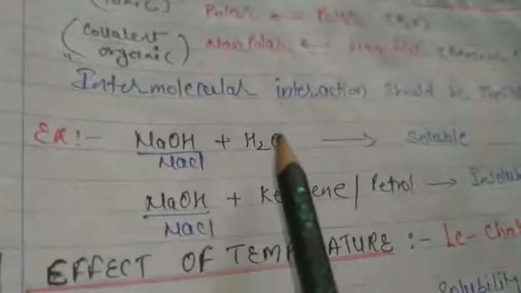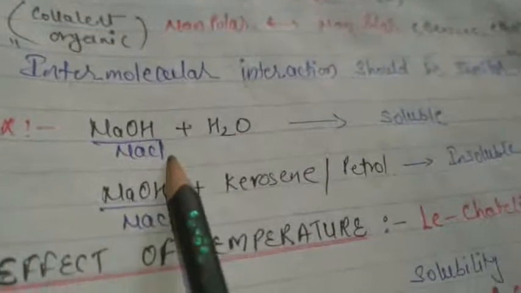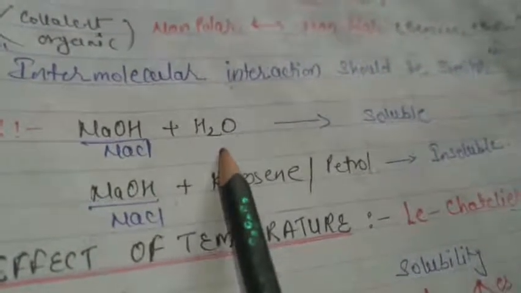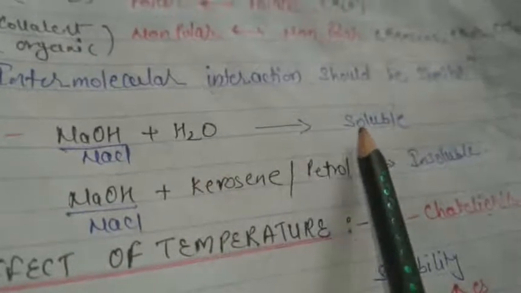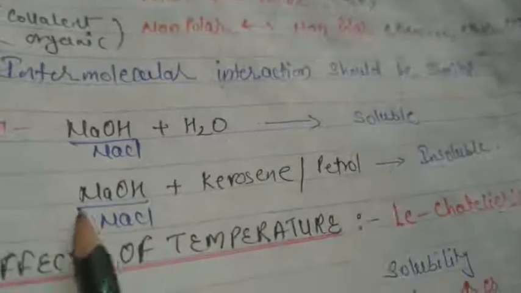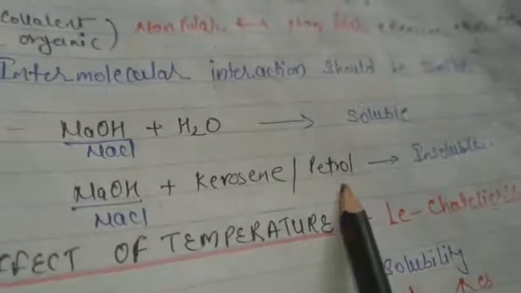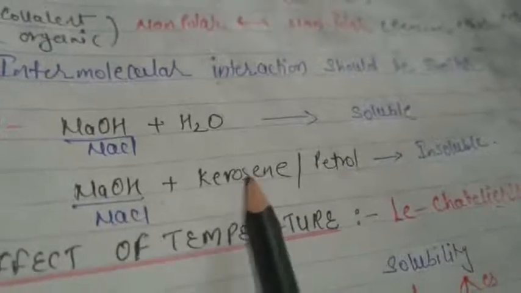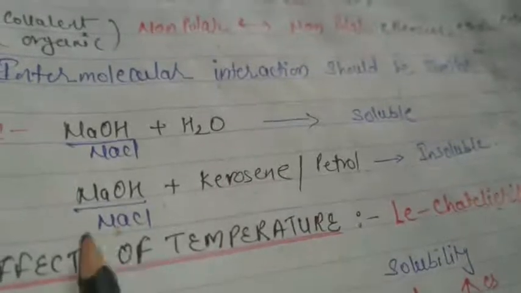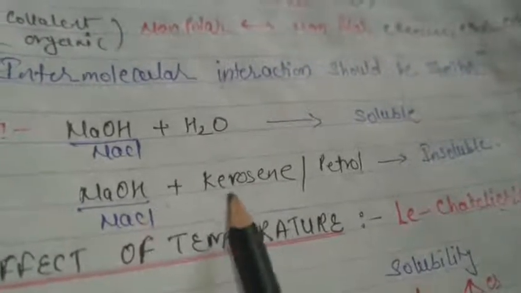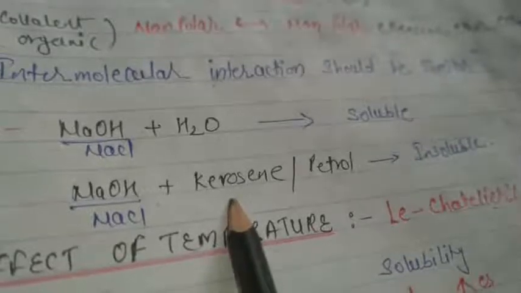For example, NaCl or NaOH. NaCl is soluble in water and makes a salt solution, but NaCl is insoluble in kerosene or petrol. If we add NaCl in kerosene or petrol, then NaCl will settle down at the bottom of the container.